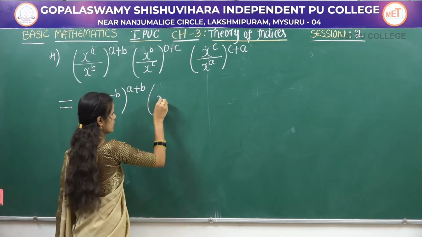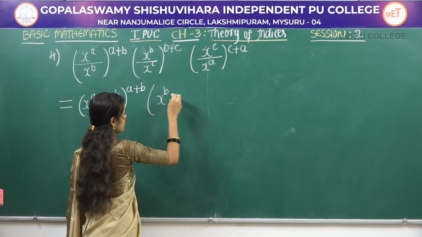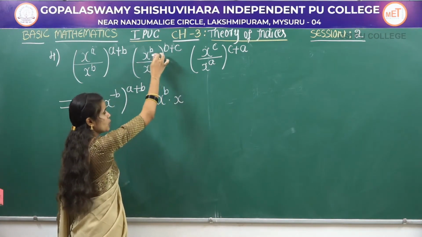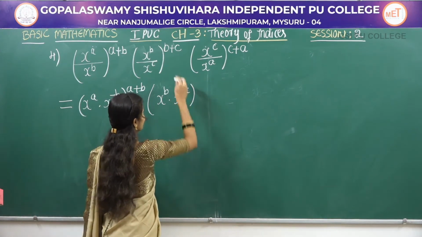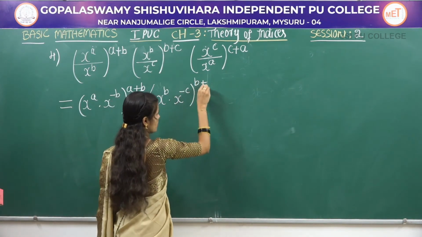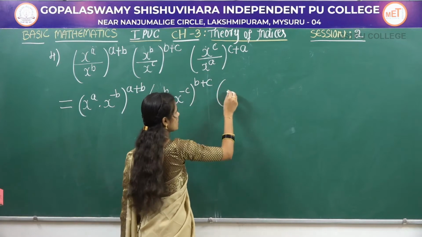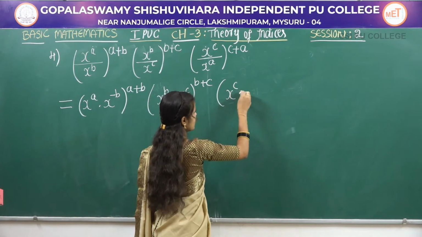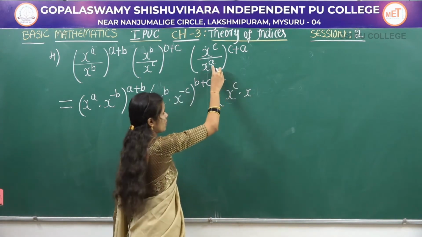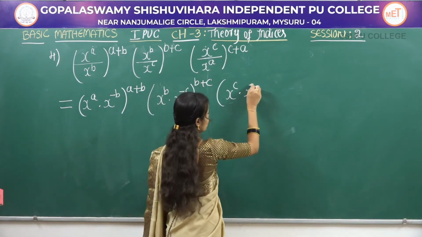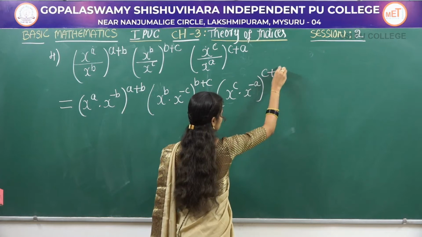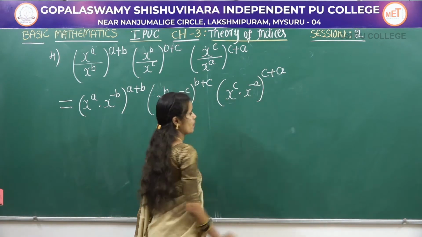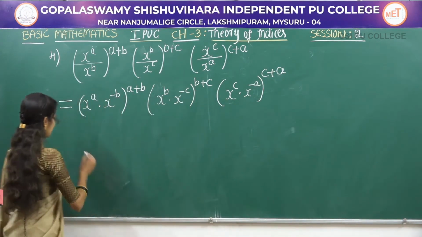Here also write x to the power of b as it is into, take this term into numerator, x to the power of plus c becomes x to the power of minus c whole to the power of b plus c into, here x to the power of c into x to the power of plus a, take into numerator, it will become x to the power of minus a into, whole to the power of c plus a.